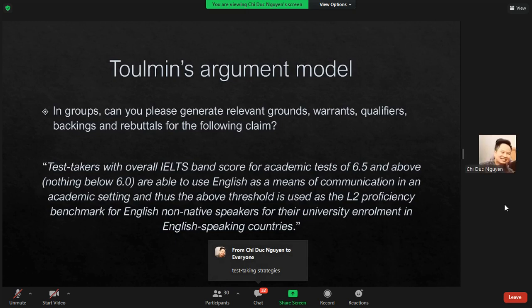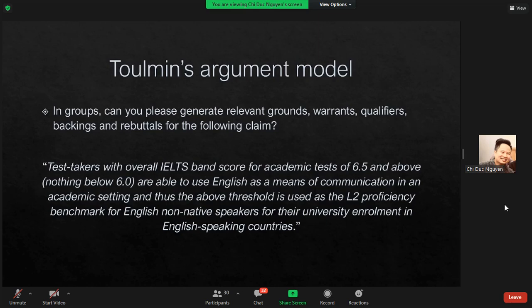So actually, they just want to prepare to achieve 6.5. So they will go to some kind of IELTS training center. And here they can learn about some kind of exam tips, some kind of exam strategies. And now they can even pay money for the former examiners of IELTS testing center, and they can learn about the testing strategies.